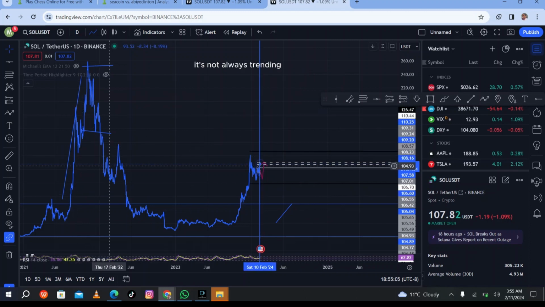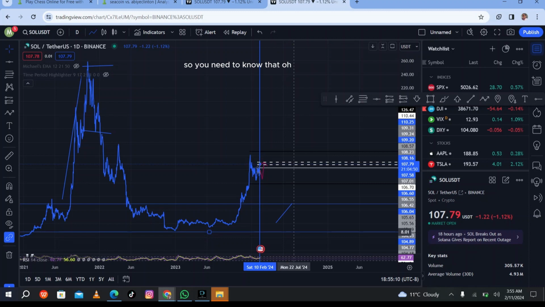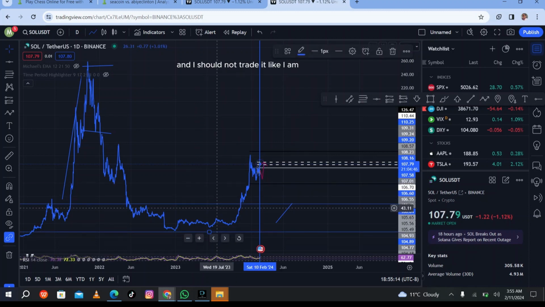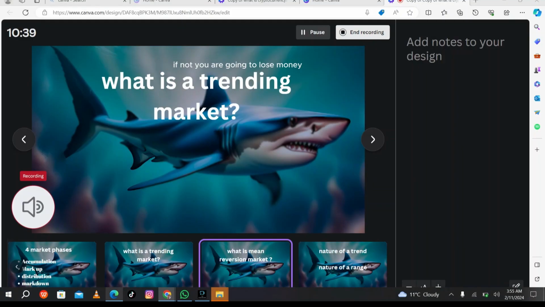It's not always trending, it's always in a range. So you need to know that this market is now in a range and I should not trade it like I am trading a trend market. I have to trade it like I'm in a range market. Short times, short, quick, everything quick. If not, you are going to lose money.